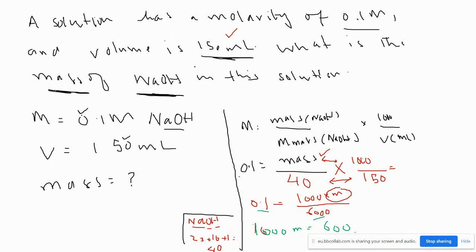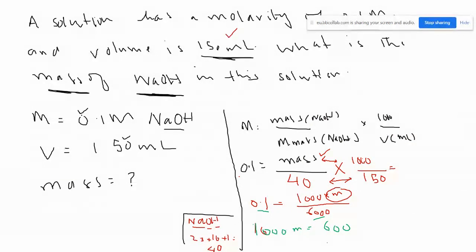Is it clear? Yes. Because 6000 times 0.1 becomes 600. Now 1000 m means m will be equal to 600 divided by 1000, 0.6 gram. Clear or not?